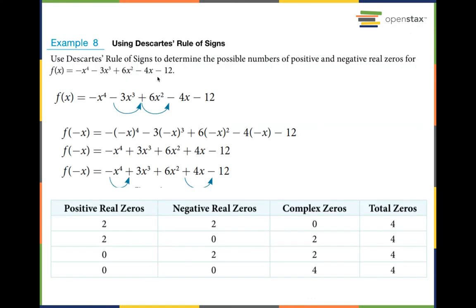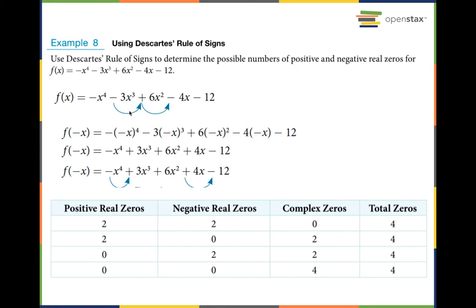All right, here's a polynomial. This is what it means. Let's look at f of x. Here we go. It's just the same polynomial. This term is negative, negative, positive, negative, negative. What this is saying is, look at the sign changes between terms. Negative to negative is not a sign change.